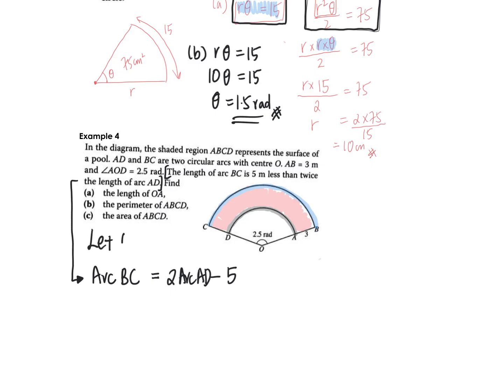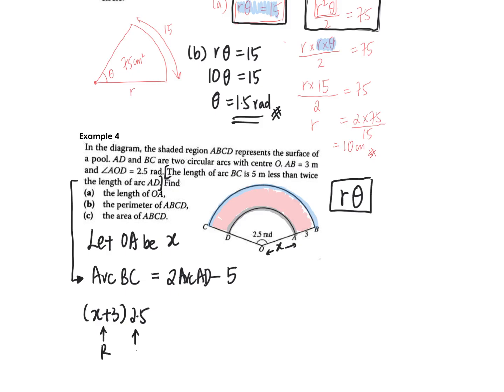Let OA be X. So this is the length. Let this be X so that it's easier. So arc length formula, remember, is r theta, right? So to find BC is X plus 3 times 2.5. So this is r theta. This is my r. This is my theta.